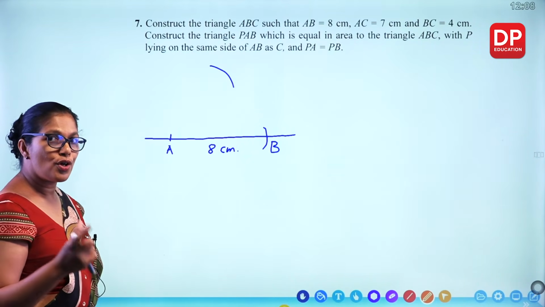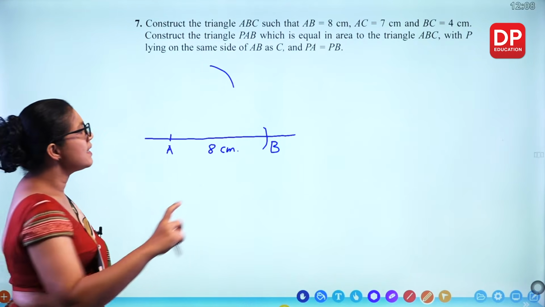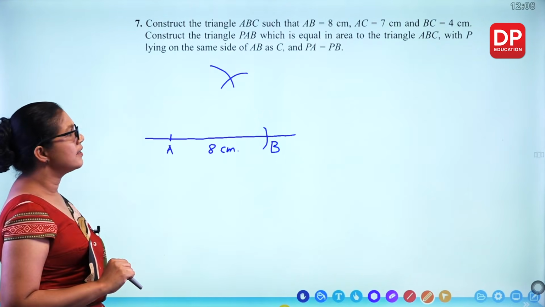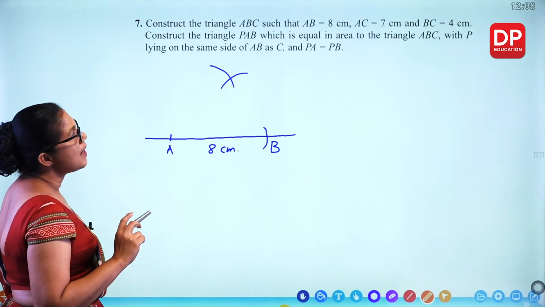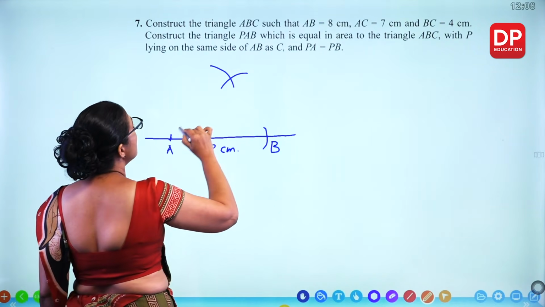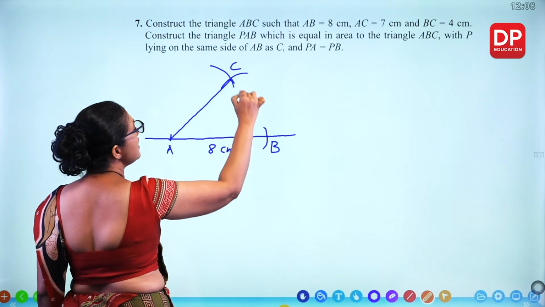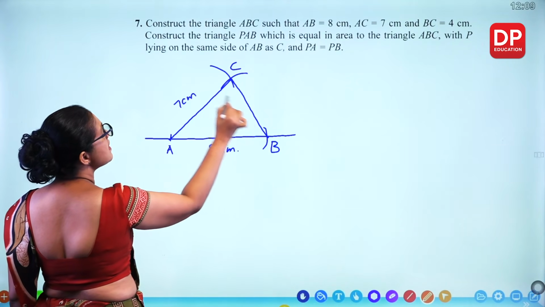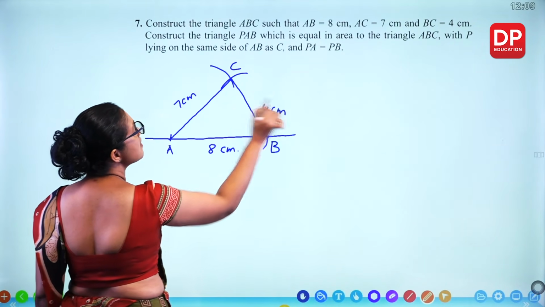And BC is 4. Then you take 4 centimeter length, keep on top of B and draw an arc. Then we get the ABC triangle. So this should be C point. AC is 7 centimeters and BC is 4 centimeters.